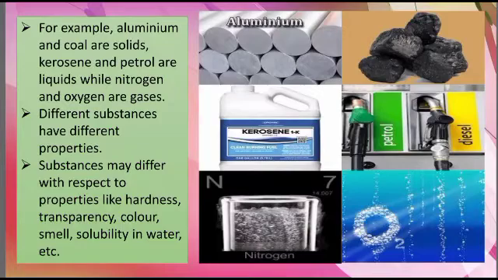As we took the example of the naphthalene ball, it has a smell. Petrol and diesel have a smell. Kerosene has a smell. Wood has a different smell. Paper has a different smell. So depending on the type of substance, as well as the state in which it is present, its properties differ. Even its solubility in water differs.